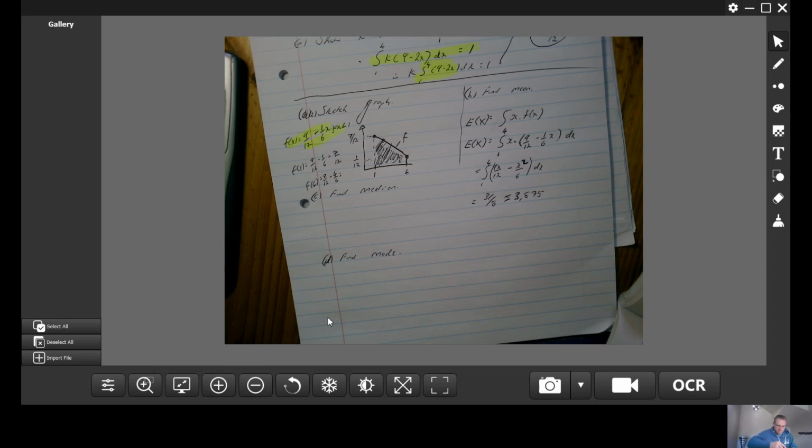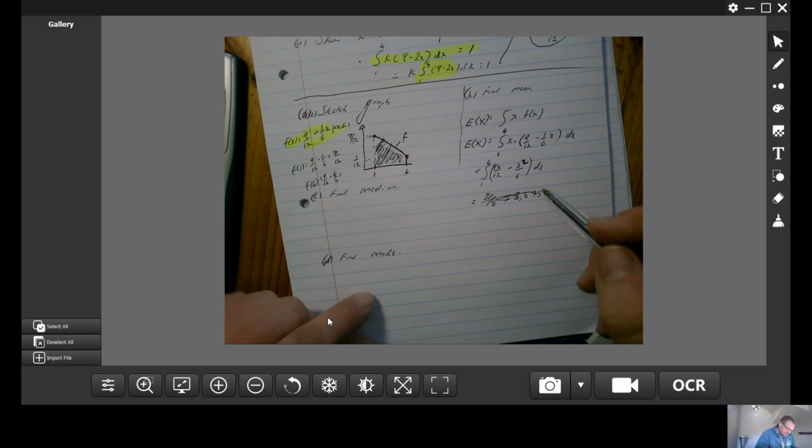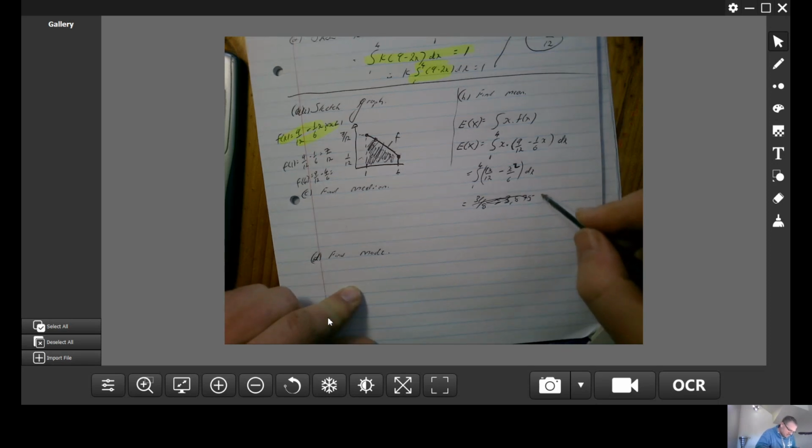So I'm just checking in the memo. I don't know why this is not giving us the right answer. They took out a 12th.